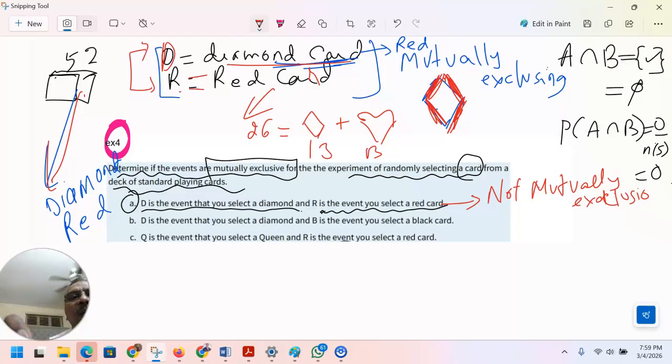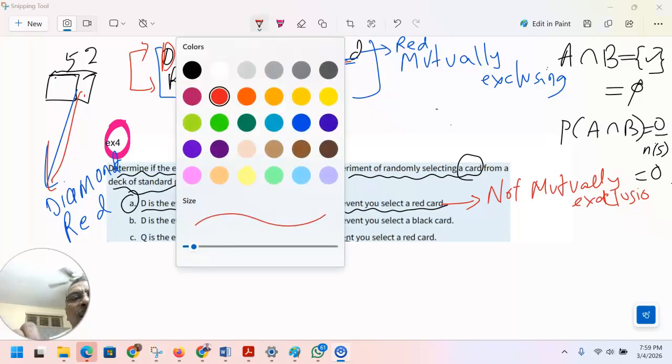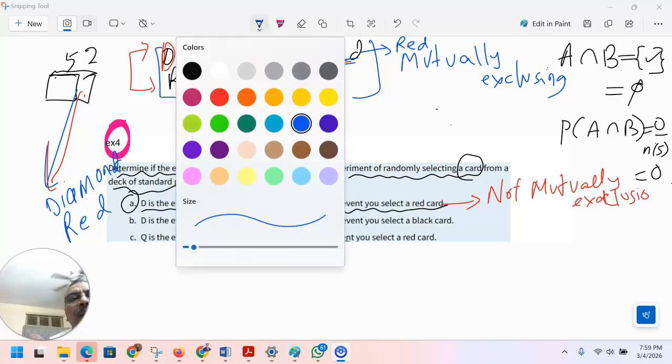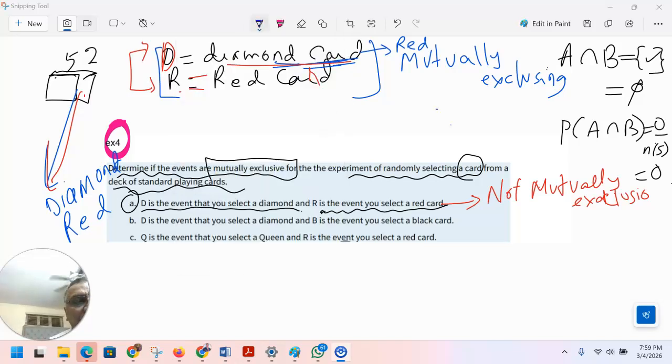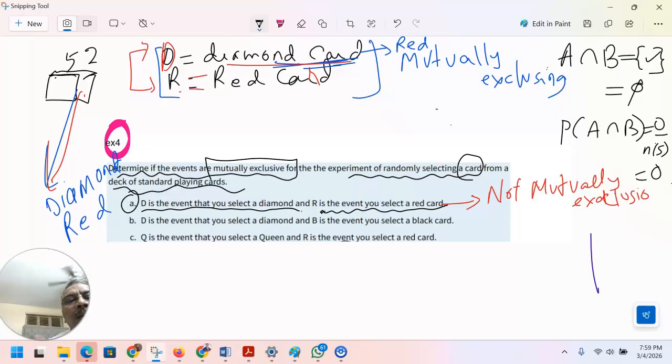In other words, in this special example, something nice is happening, which is about subsets. Every diamond card is a subset of red.